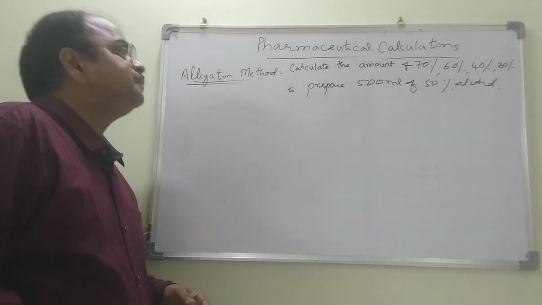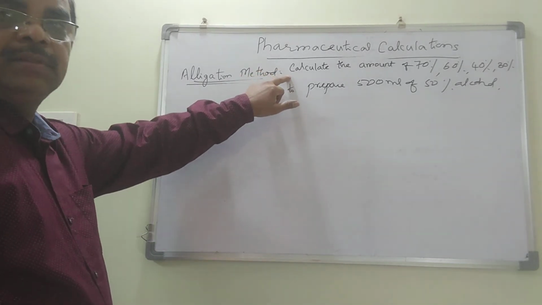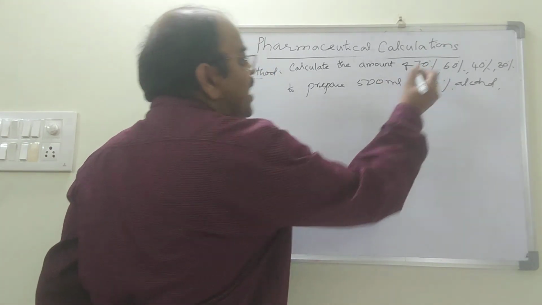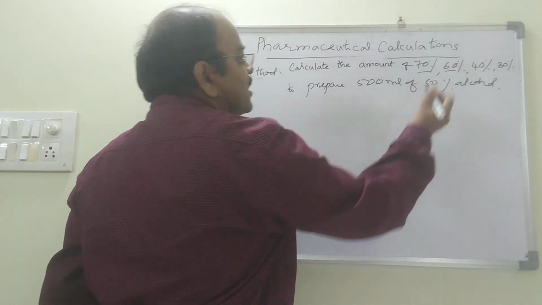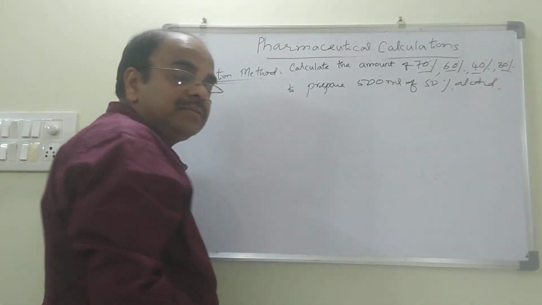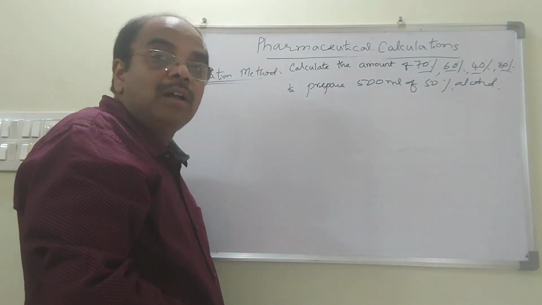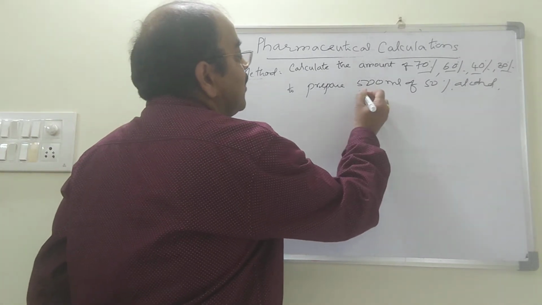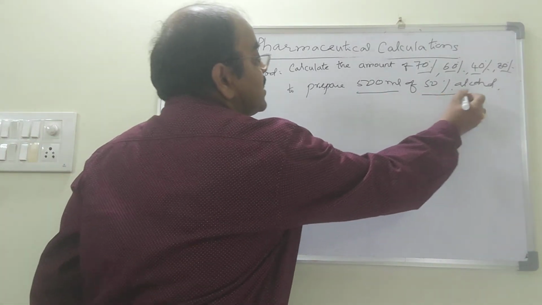Next problem. Calculate the amount of 70% alcohol, 60% alcohol, 40% alcohol and 30% alcohol. We have to use all these four types of alcohol to prepare 500 ml of 50% alcohol.